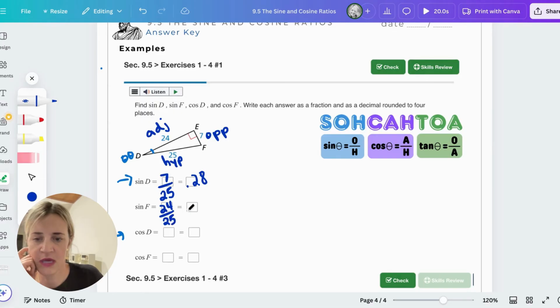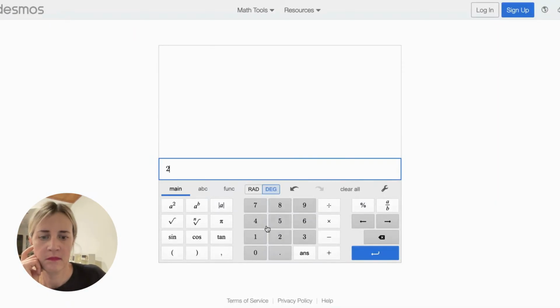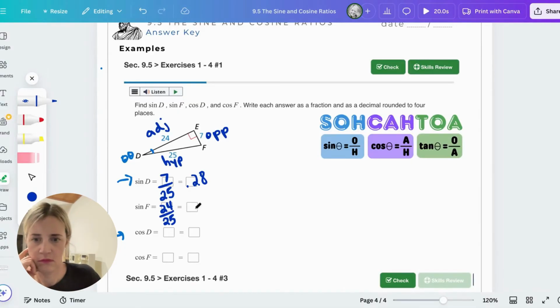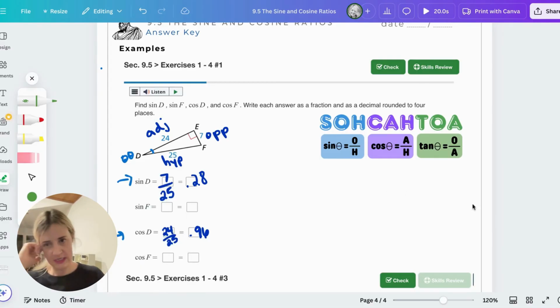Again, can't reduce that. 24 divided by 25 is 0.96. So 24 over 25 and 0.96. I'm going to change colors so that I don't look like I'm overlapping here. Okay, that's for angle D.